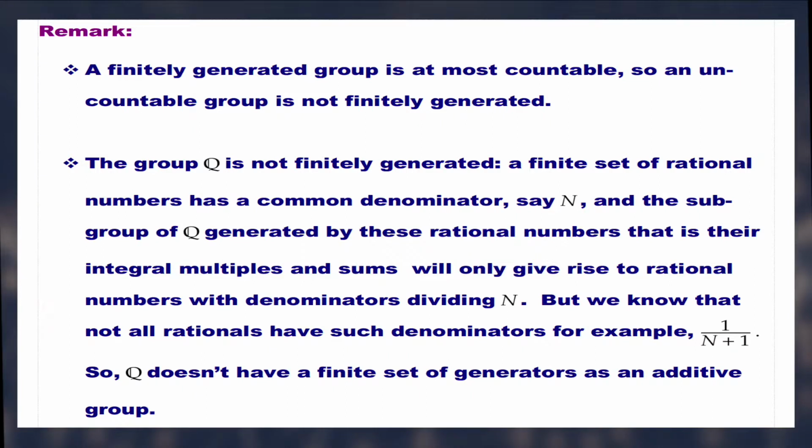But we know that not all rationals have such denominators, for example, 1 by n plus 1. So, Q does not have a finite set of generators as an additive group.